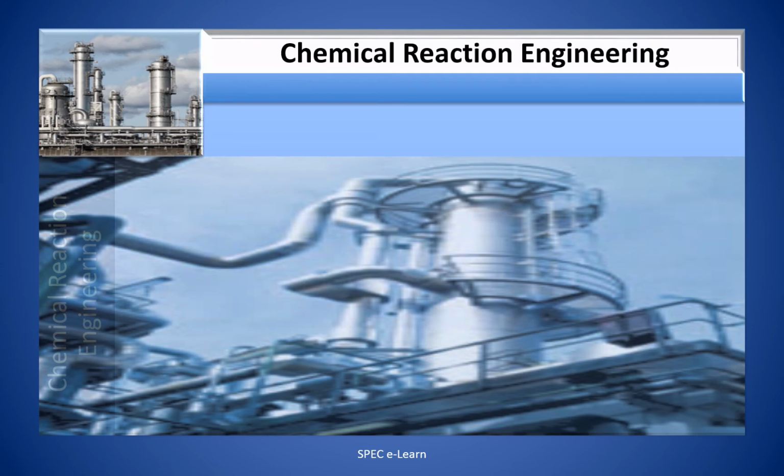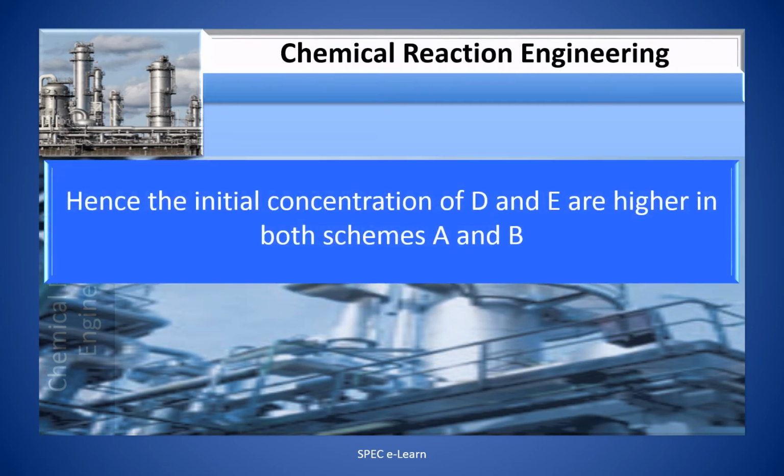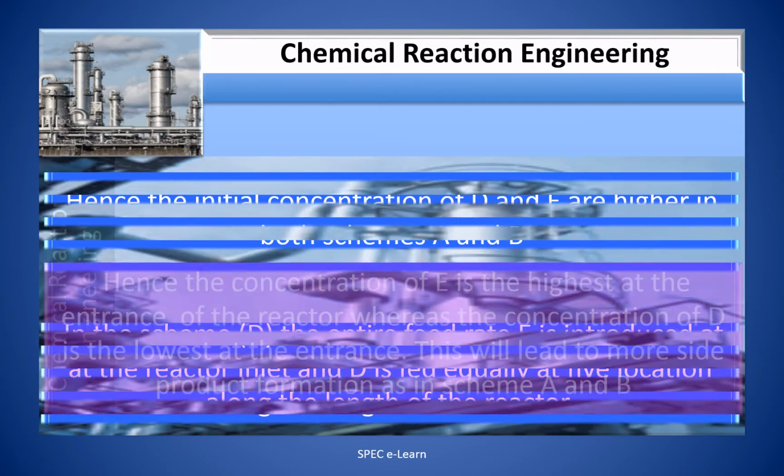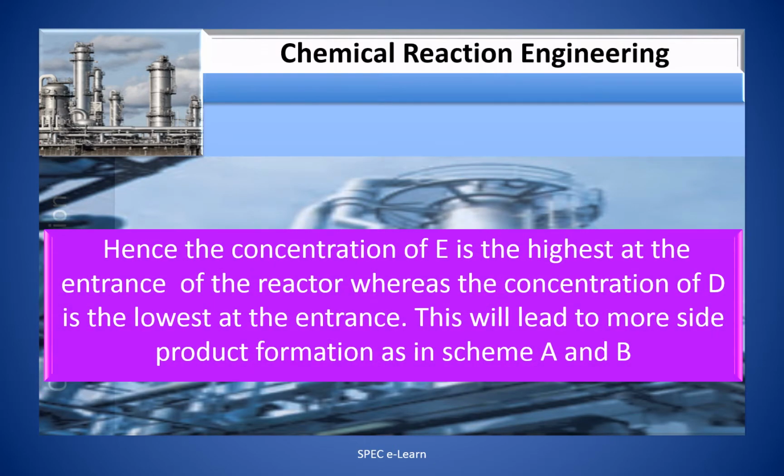Hence, the initial concentrations of D and E are higher in both schemes A and B. In the scheme D, the entire feed rate of E is introduced at the reactor inlet and D is fed equally at 5 locations along the length of the reactor. Hence, the concentration of E is highest at the entrance of the reactor, whereas the concentration of D is lowest at the entrance. This will lead to more side product formation, as in schemes A and B.